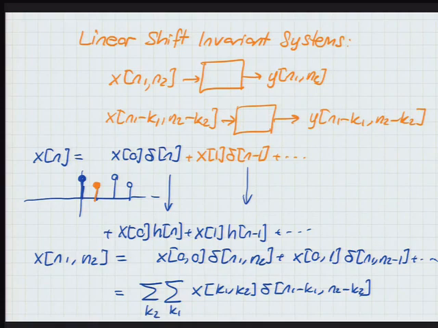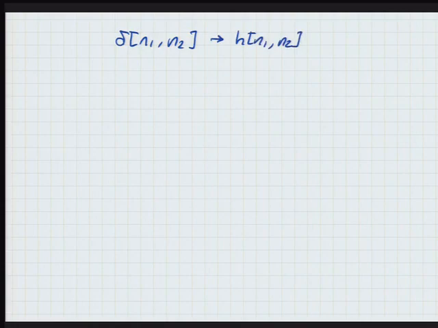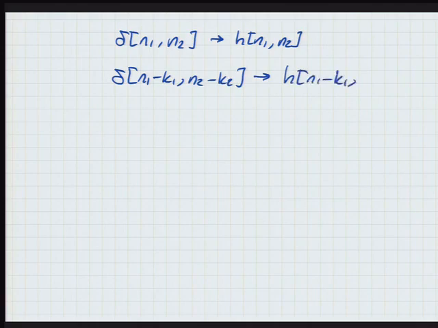So from the LSI properties, linear shift invariance properties, I have the following. I know that the response to delta of n1, n2 is h of n1, n2. And if it's shifted, then the response by the shift invariance should be h of n1 minus k1, n2 minus k2.